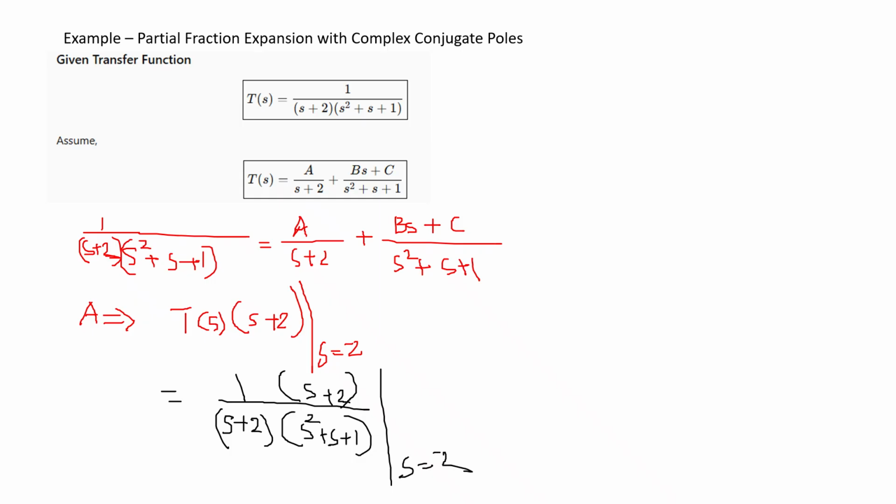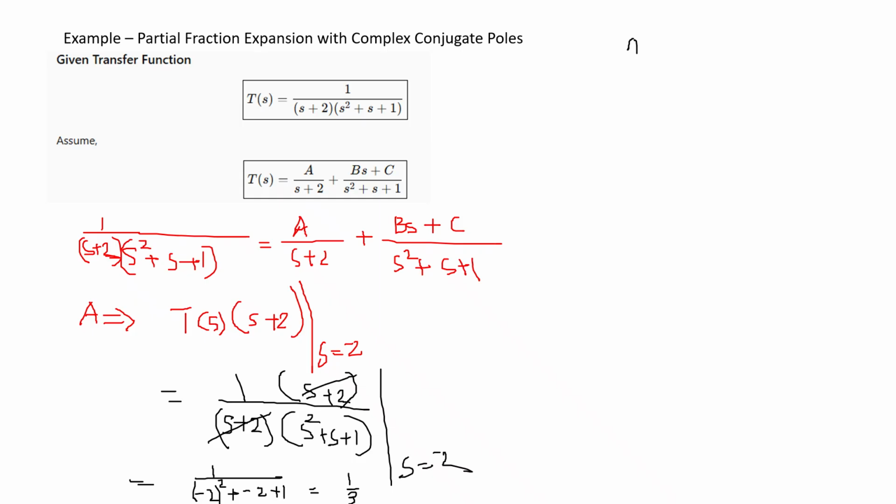So you substitute these values, s plus 2 cancels. The value of s is substituted here. It is 1 by minus 2 the whole square plus minus 2 plus 1, that is 1 by 4 minus 2 plus 1, which is 3. So we got the value of a as 1 by 3.